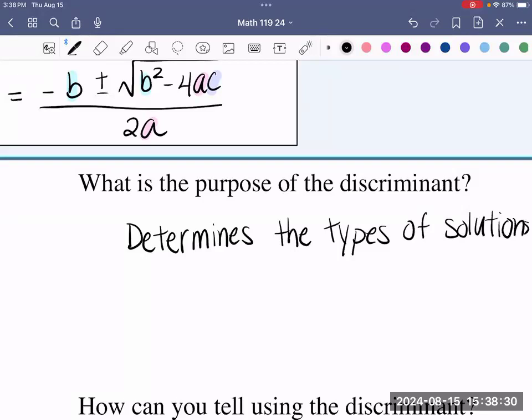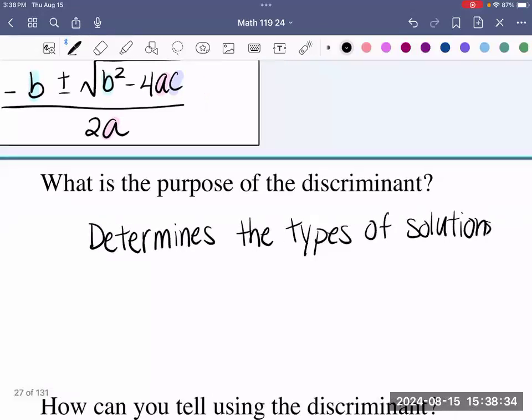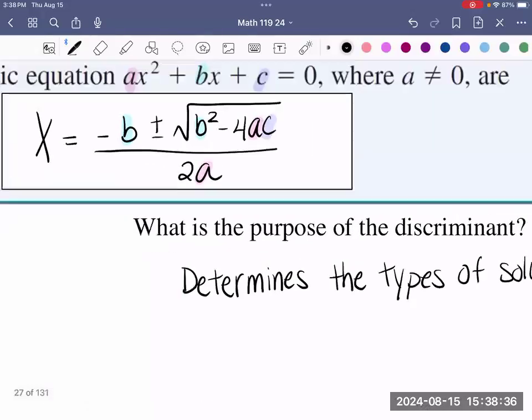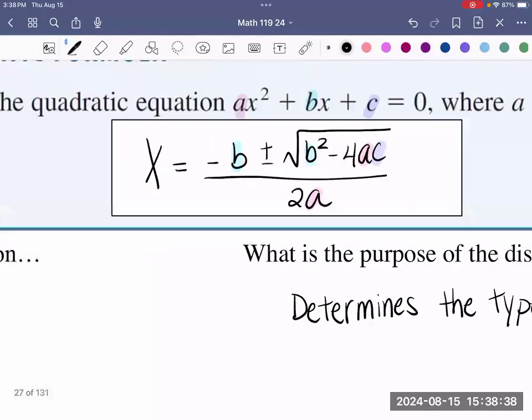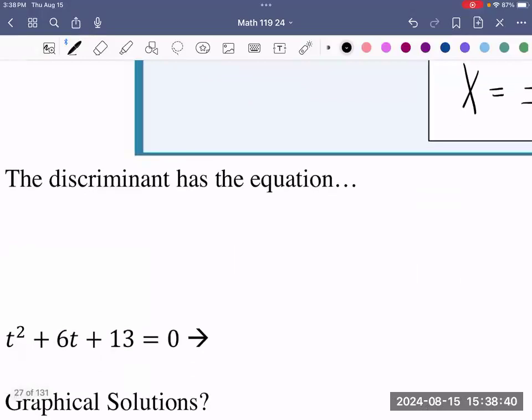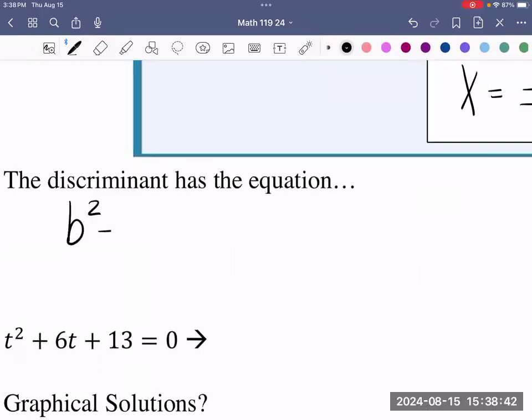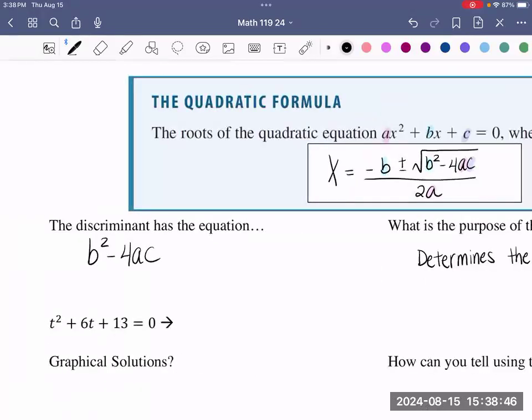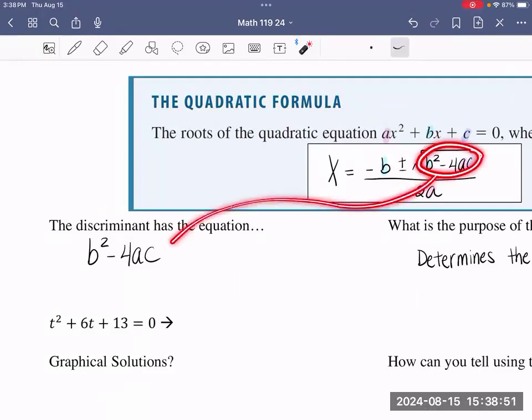Think about solutions being your x-intercepts. The discriminant is b squared minus 4ac. Have you seen that very recently? Absolutely. It is actually a part of your quadratic formula.